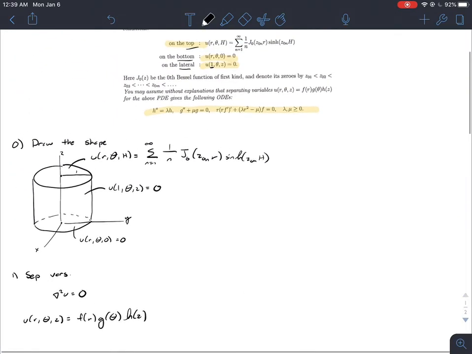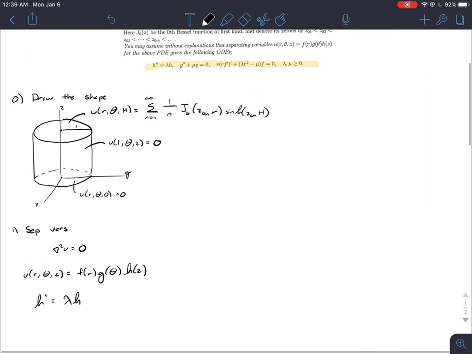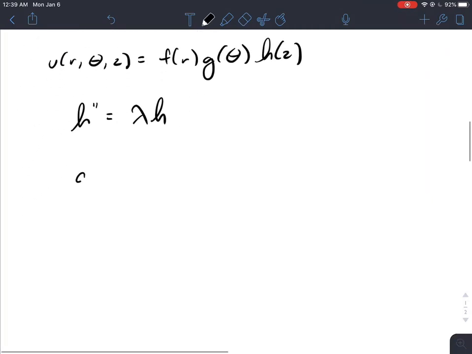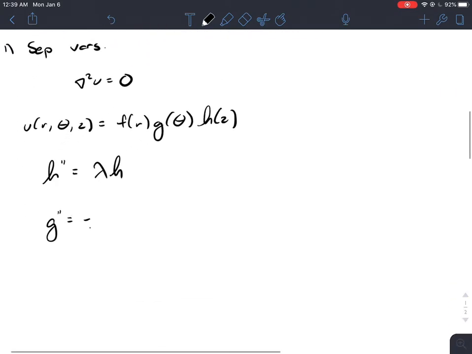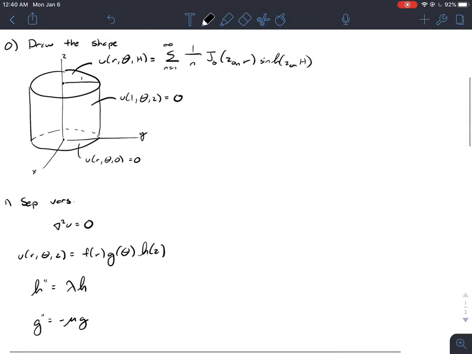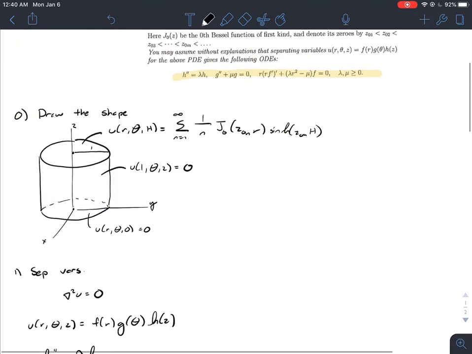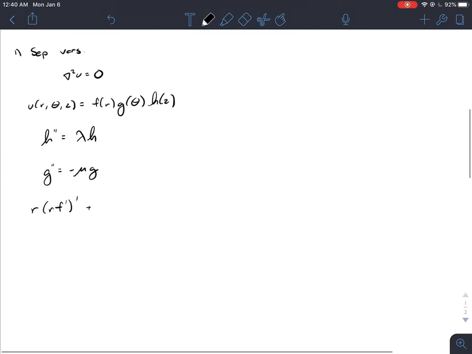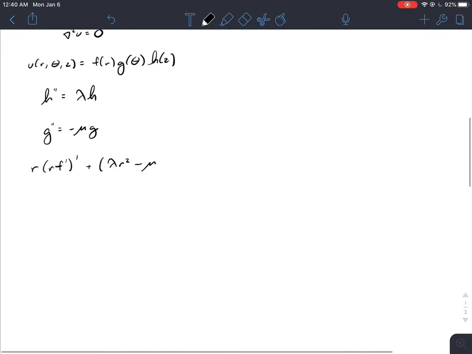And then we're told that the individual differential equations are h double prime is equal to lambda h, g double prime is equal to negative mu g, and the last one states that r times r f prime prime plus lambda r squared minus mu times f is equal to 0.